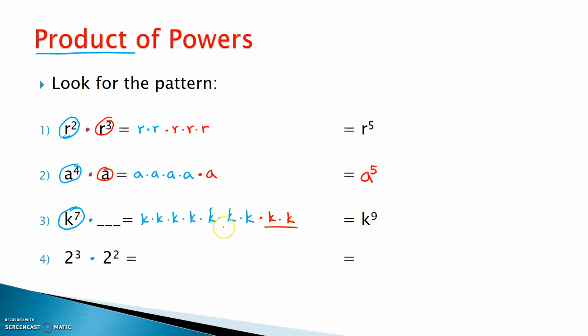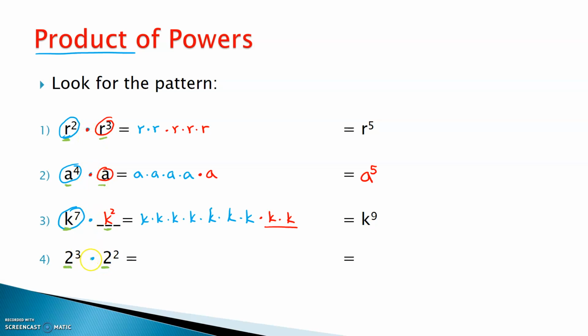So these 2 give me k to the second power, and we get k to the ninth. Hopefully you've spotted it by now. What do we have to do when I have the same base? Here's the thing: I need to have the same base, 2 and 2, k and k, a and a, r and r, and I'm multiplying with all of these.